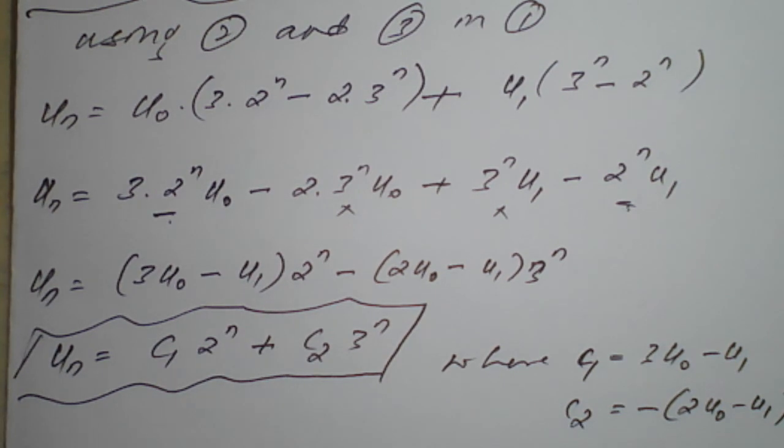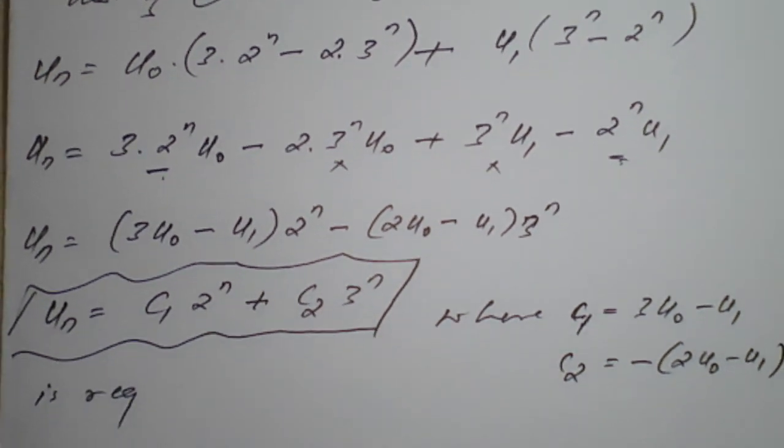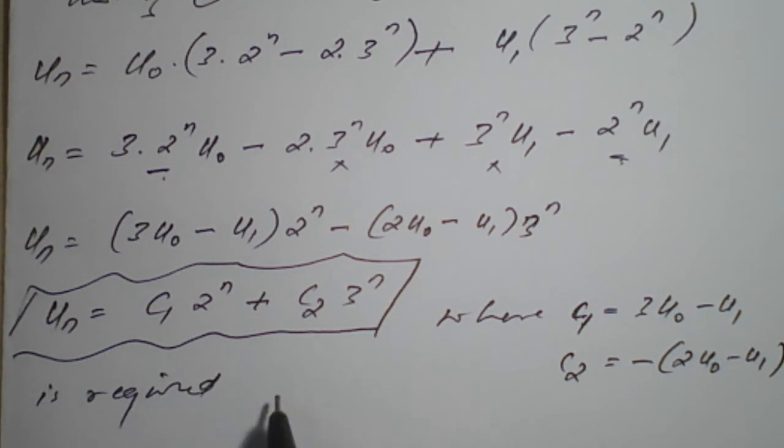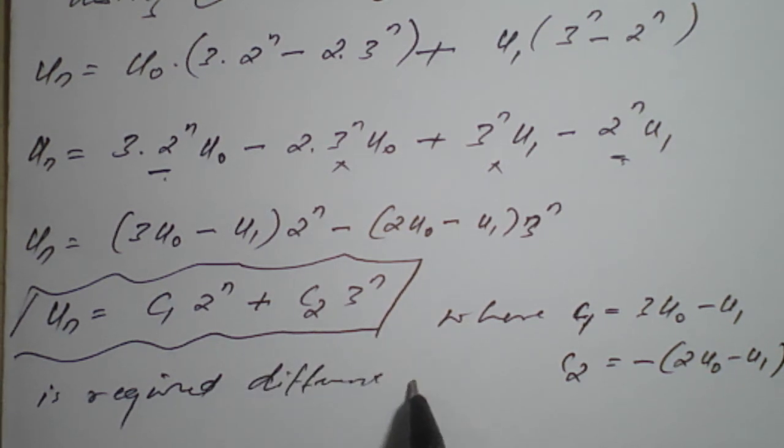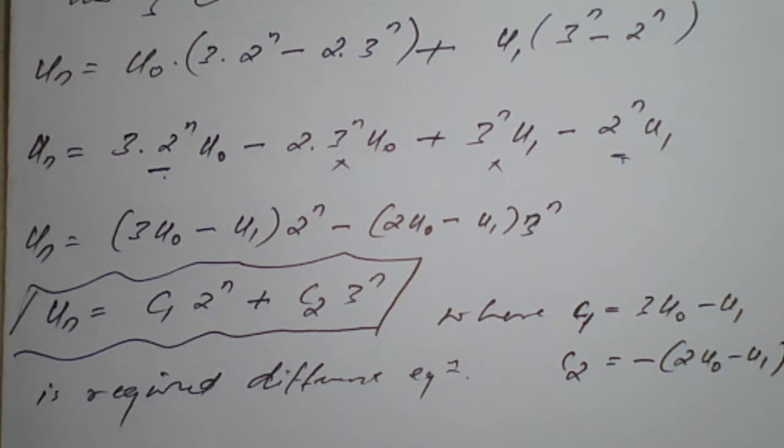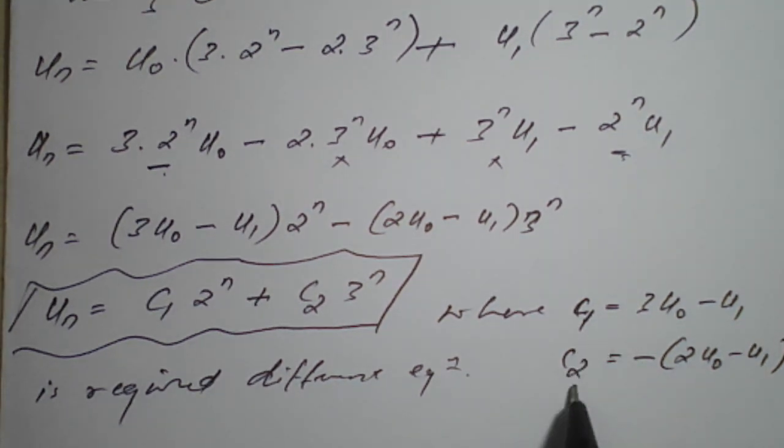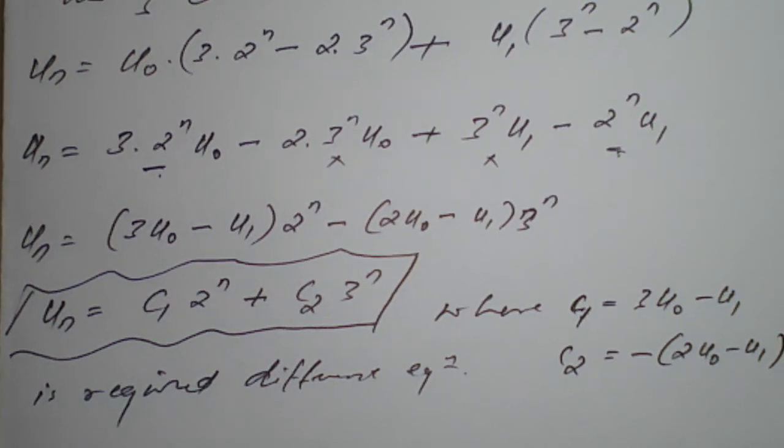Here c1 and c2 are arbitrary constants, and the above un is the required difference equation, where c1 and c2 are arbitrary constants. So in this way the solution is simplified for this application of Z transform.